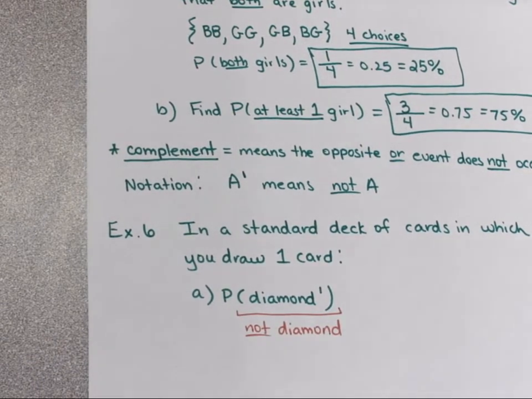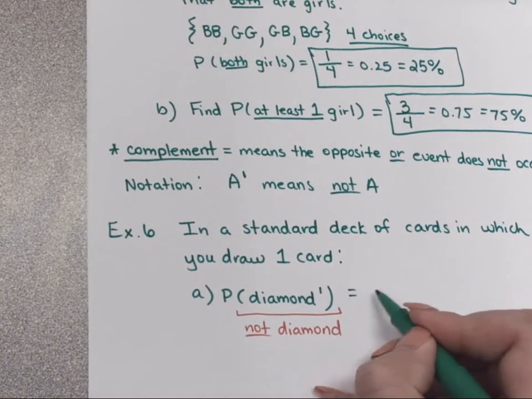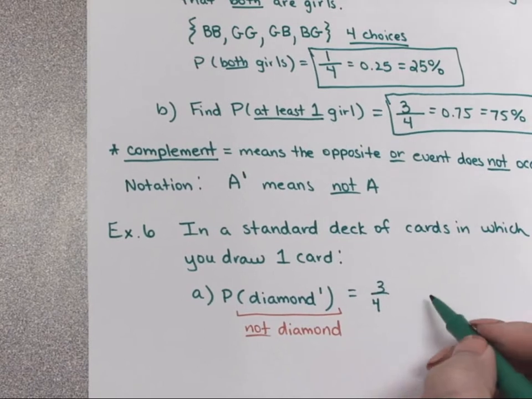Okay, so we're going to talk about 2 ways we can get to this answer, okay? And I need you to understand both going forward. So one would be to get it directly, right? So what are the other options other than diamond? We already talked about it, right? Hearts, what else? Spades and clubs, right? So we're talking about 4 suits, right? So there are 3 out of 4 suits that are not diamond.